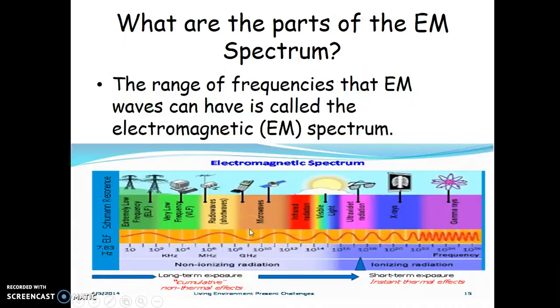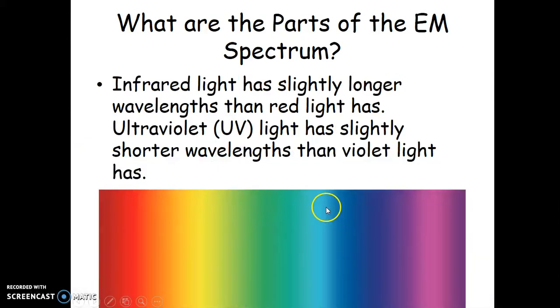Okay. So the range of frequencies that electromagnetic waves can have is called the electromagnetic spectrum. And right here, we talk about visible light. This is the only part of the whole spectrum that we can actually see. We can't see ultraviolet light. We can't see infrared radiation. Okay, we can only see this right here.